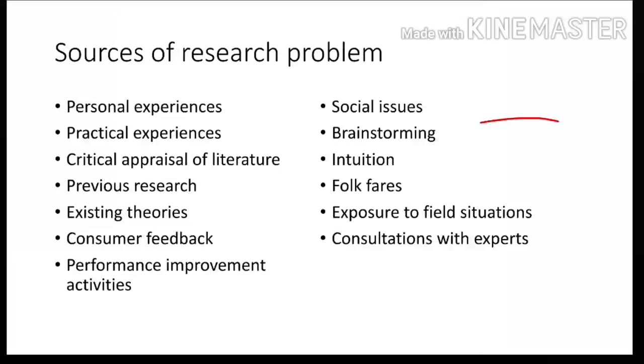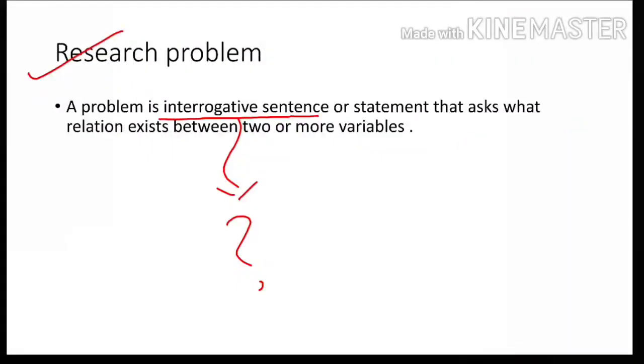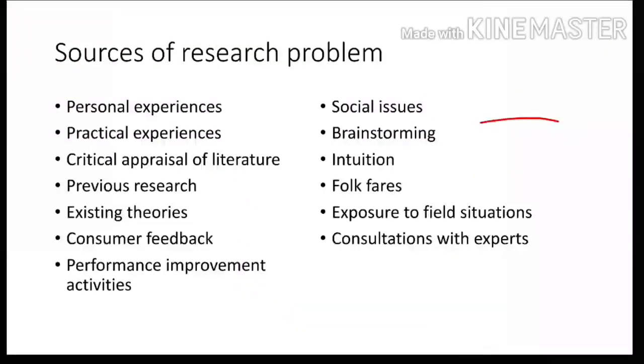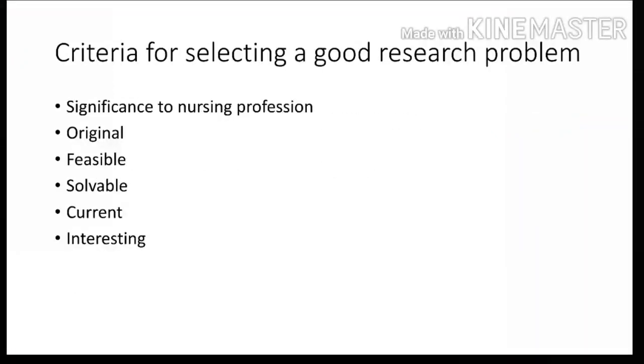So we have seen in this video what the research problem is, what the sources of your research problem are, and what the criteria are for selecting a good research problem. So dear friends, here I complete this video with the 3 topics, and I have already started off with chapter 3, that is the research problem.